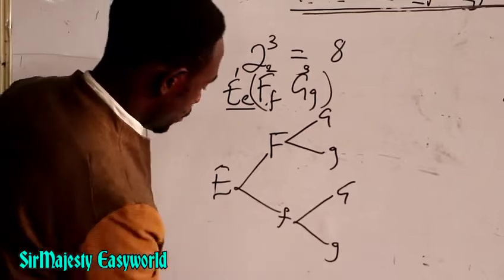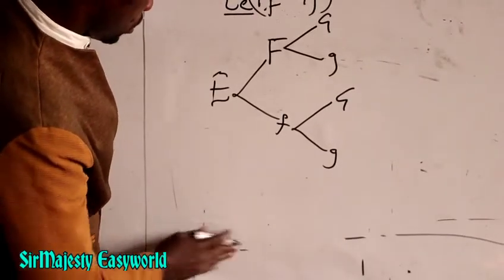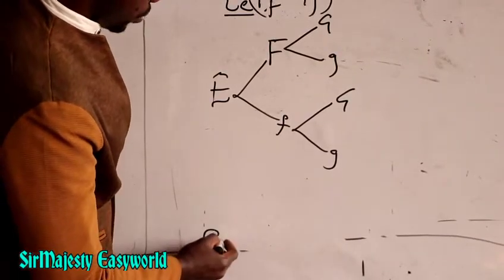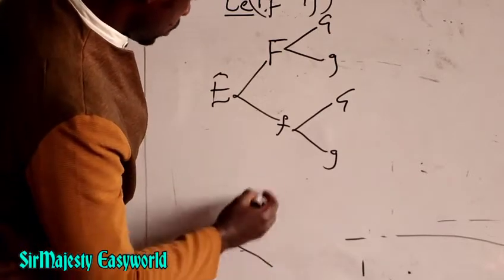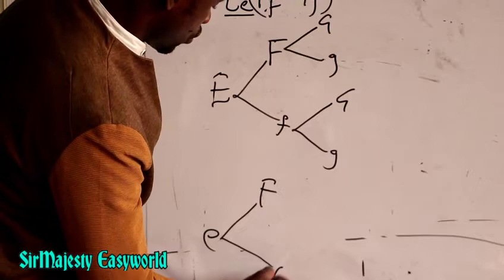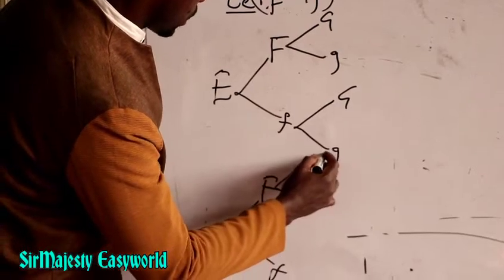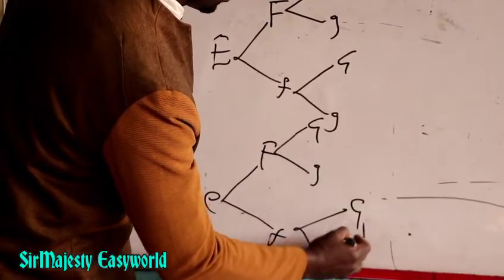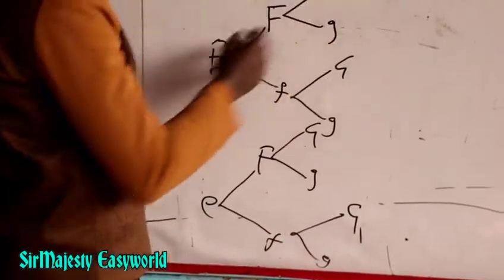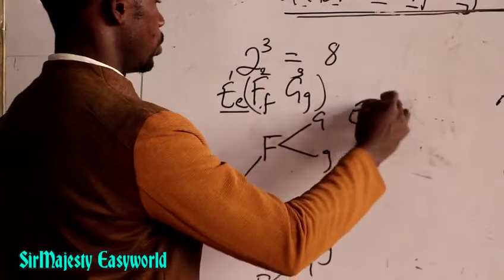And the other one should be for small letter E, capital F, small f, then capital G, small g, capital G, small g. So this should be E, F, G, dominant all through.